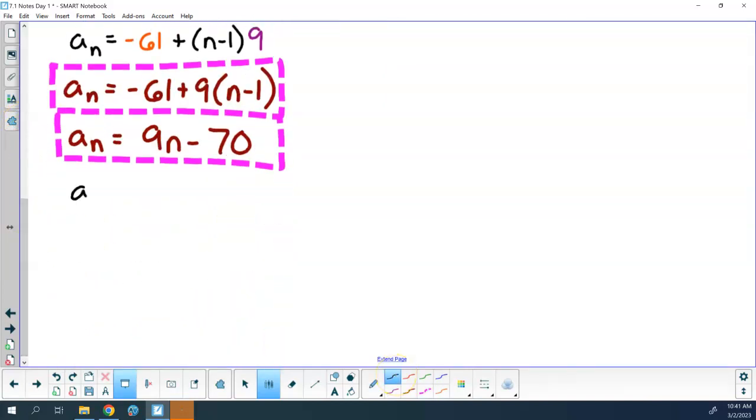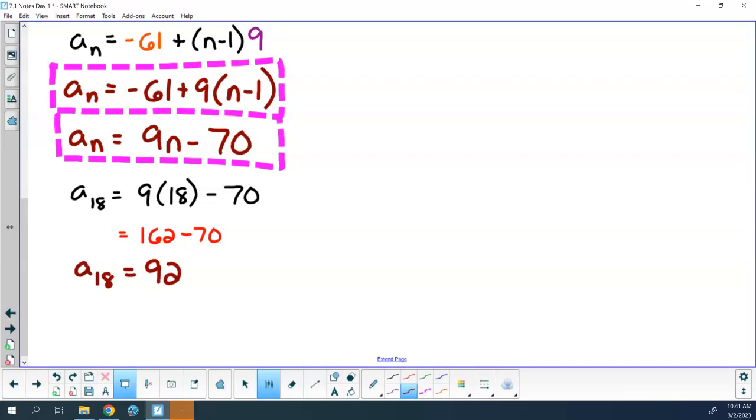So then we would say a sub 18 would be 9 times 18 minus 70. 9 times 18 is, I believe that's 162. Minus 70 would be 92. Yes. Okay.